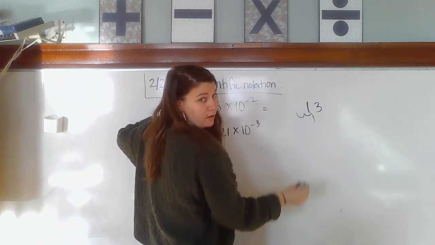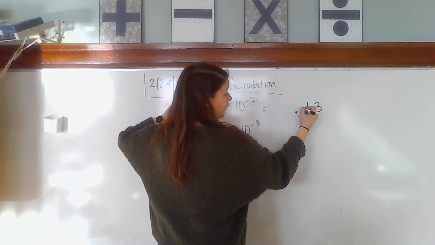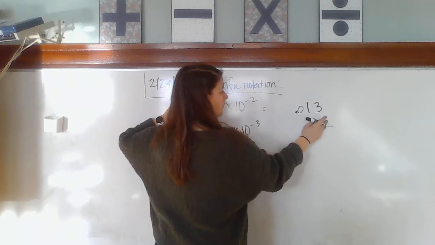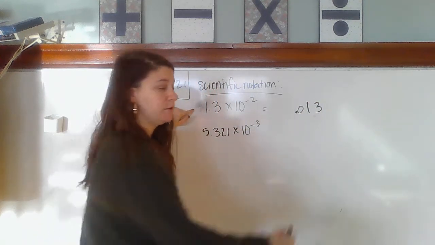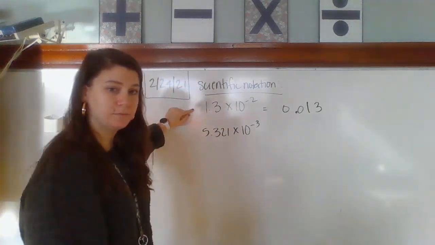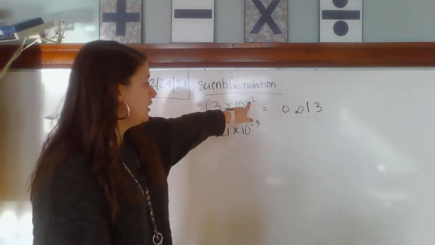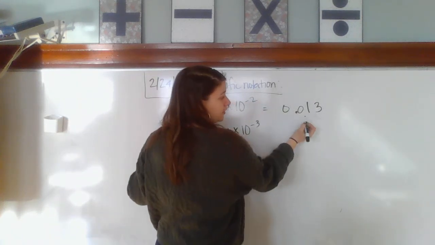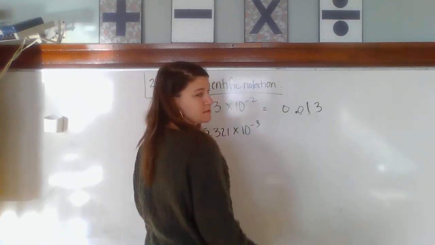Take my decimal point out, put it in the new spot, and then I'm going to add my 0, and then the placeholder. That's my number, add my leading 0. And then ask yourself, negative 2 is my exponent. That means that between where my decimal started and where it ends, there should be 2 places.